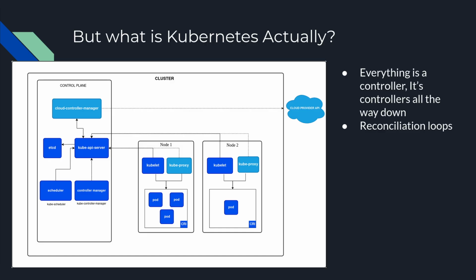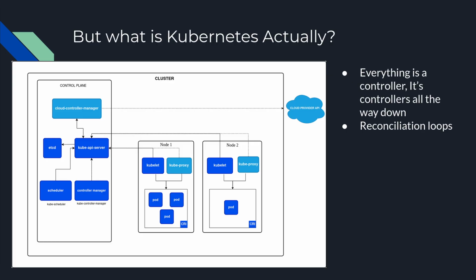Usually you don't care what's under the black box, but in this case you will. So everything inside of a cluster, except for your workloads, is things that run in your control plane. Like the name says, it's a controller.